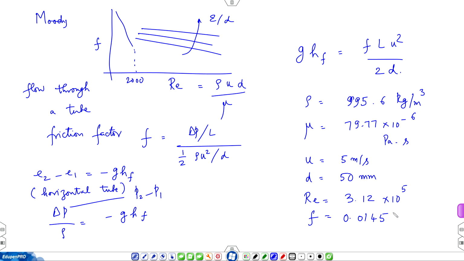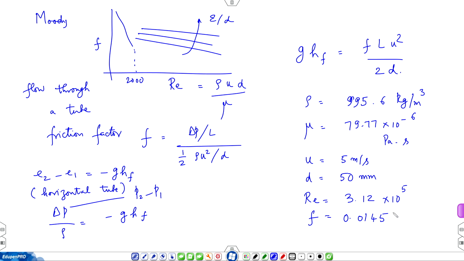What are the units of Reynolds number? Show that Reynolds number is dimensionless. Show that friction factor is dimensionless. Okay, f L, that we had the definition of f. So, show that it is dimensionless.